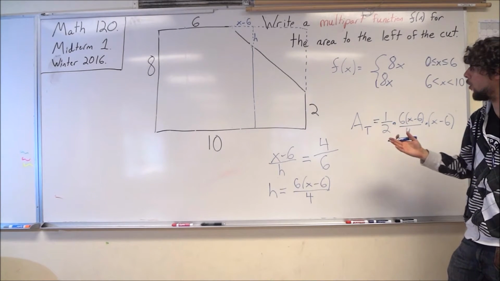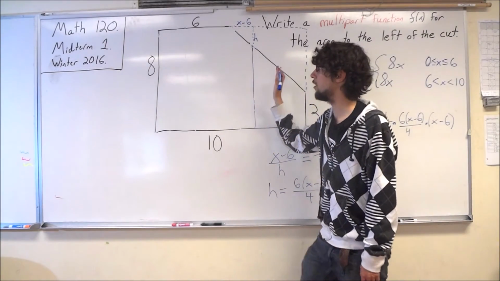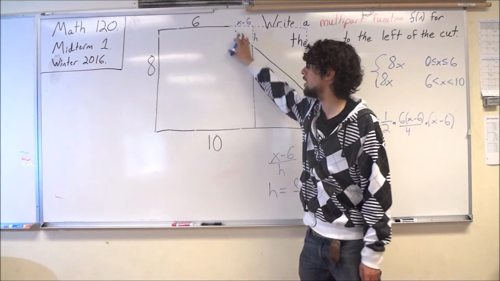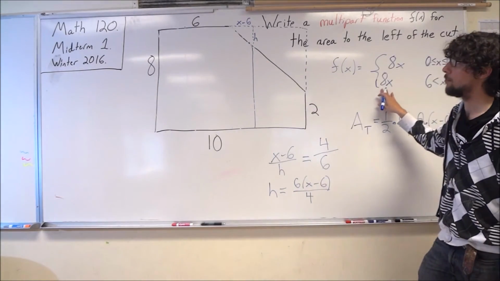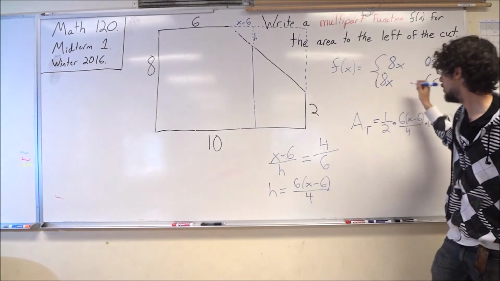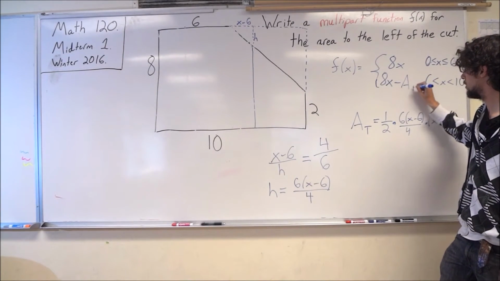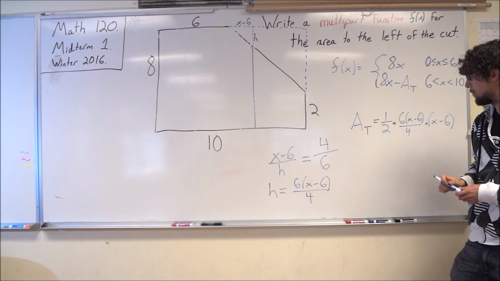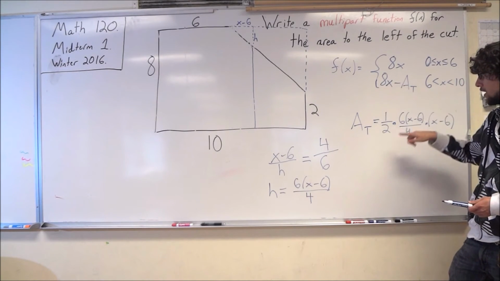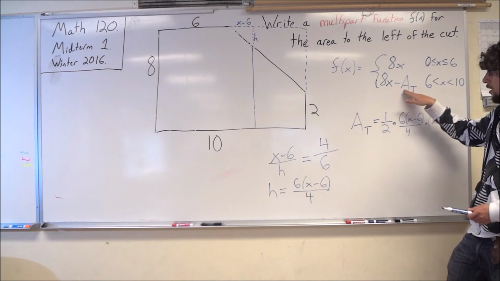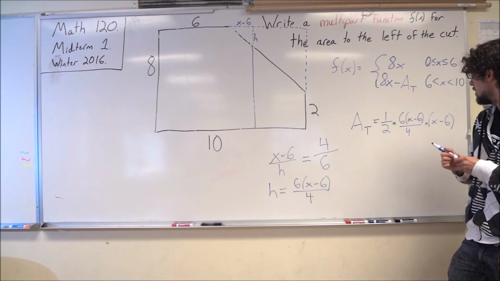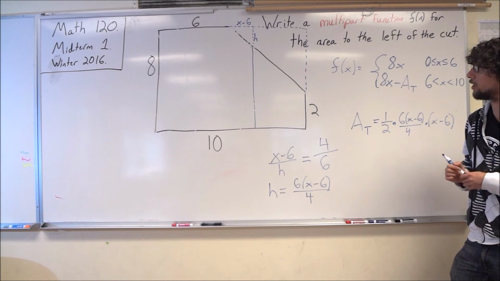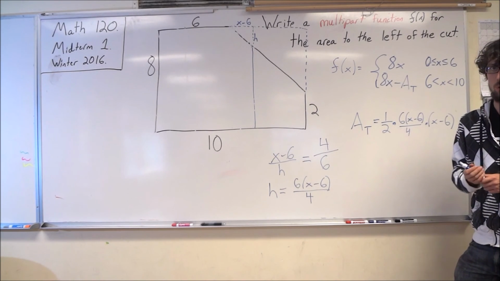What I was interested in was expressing the area to the left of this cut. The area to the left of this cut was the area of the rectangle, which was 8x, minus the area of this triangle, which I'll abbreviate to just a sub t. In an exam context, I would certainly write out 8x minus and then all this mess stuck in there, but there's no real need to simplify this any further. This is a perfectly reasonable expression for the area to the left of the cut for any x between 0 and 10.